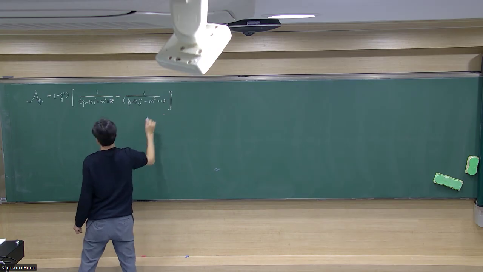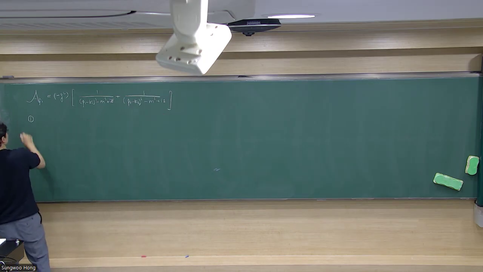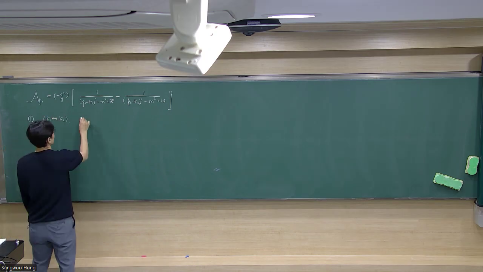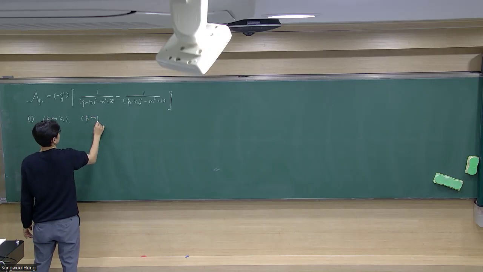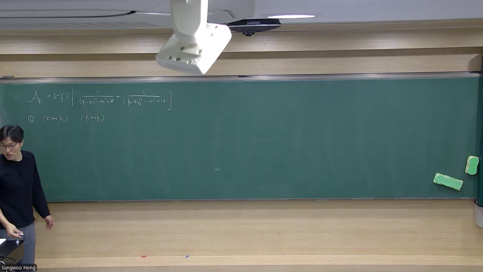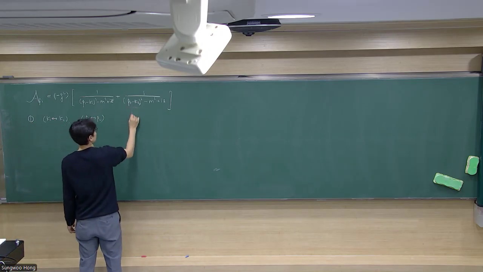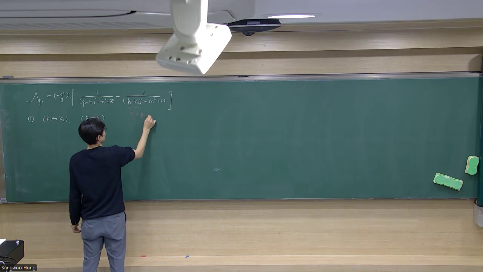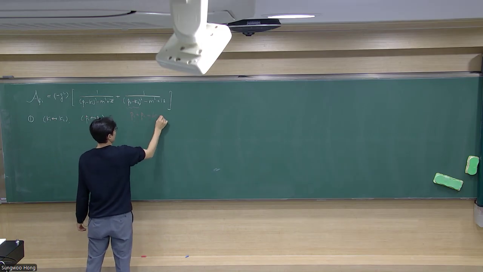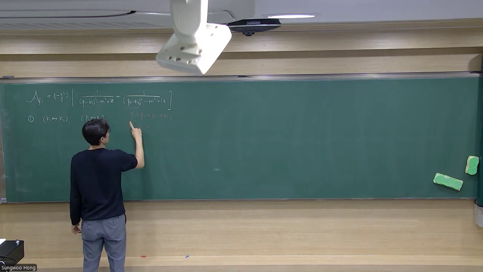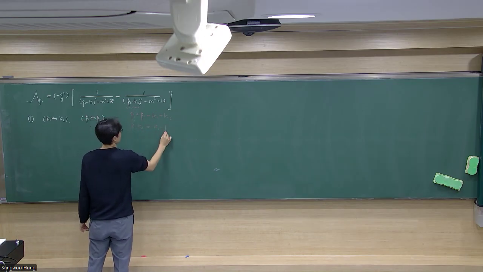So the first thing first. Physics point number one. What I have written is manifestly symmetric under this exchange. You should also be able to see that this is manifestly invariant under this exchange, because by momentum conservation, P1 plus P2 is equal to K1 plus K2. So whenever you see P1 minus K2, you can always rewrite it in terms of K1 minus P2.